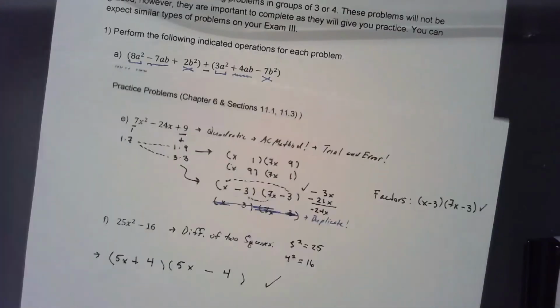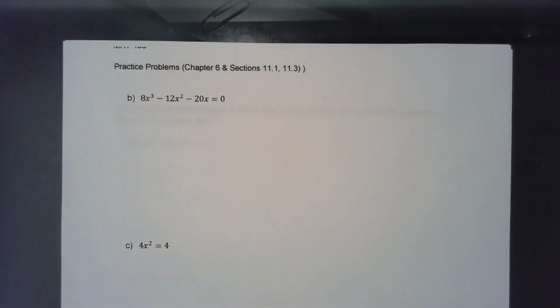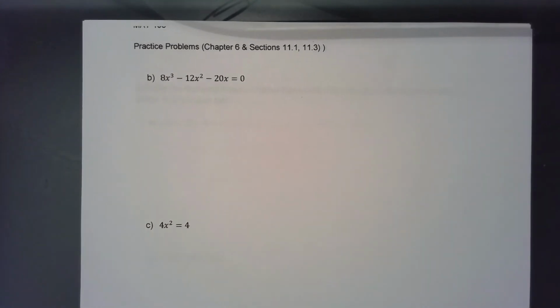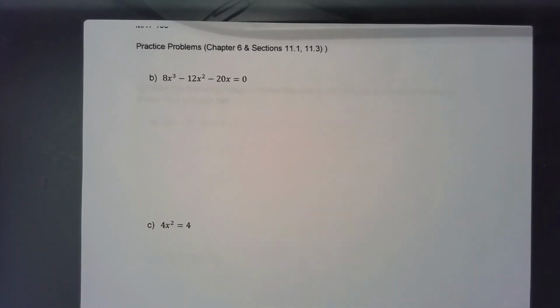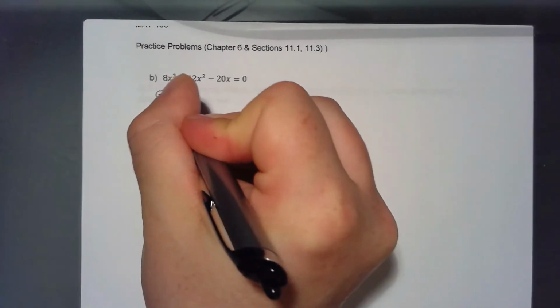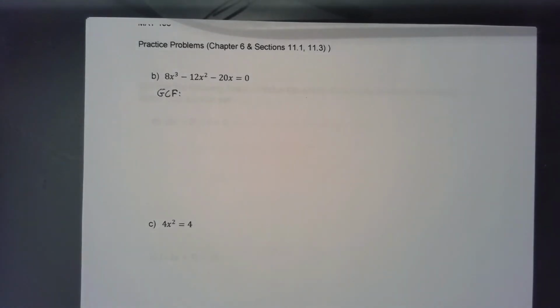Okay, next page. So here's a few more quadratic equations. In letter B, I could factor a GCF out of that. So the highest number that goes into 8, 12, and 20.